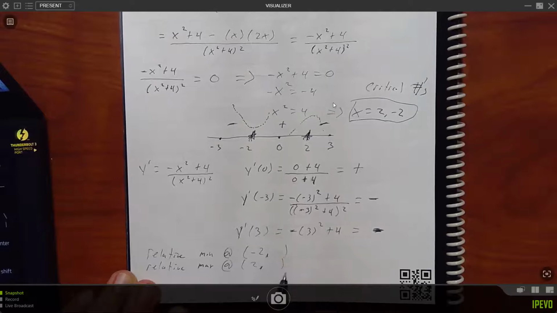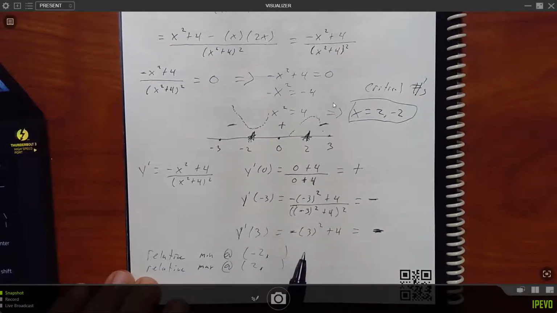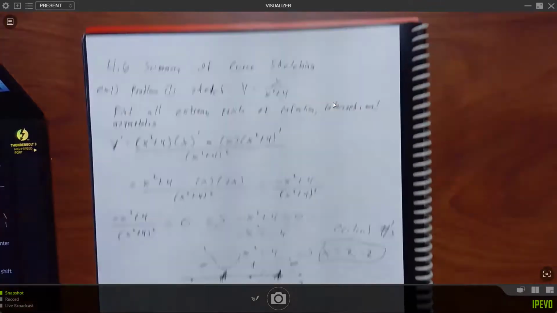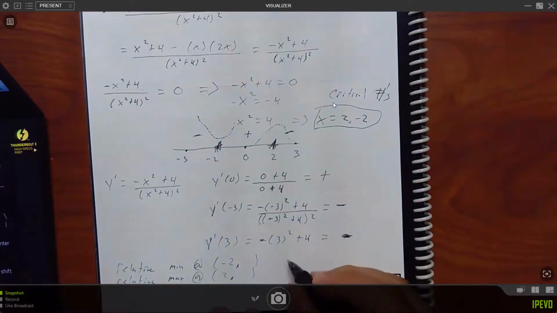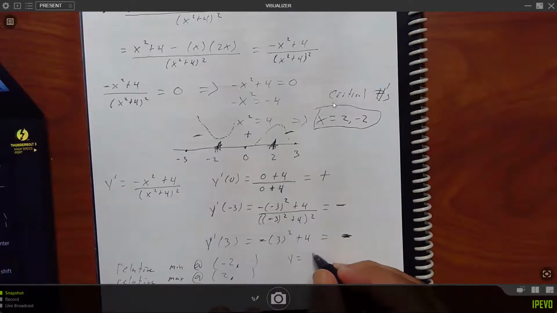So I need to find these numbers, I need to plug them into the original. So if I plug in -2 here, what do we get? Let's see. Running out of space here. I have to turn the page.